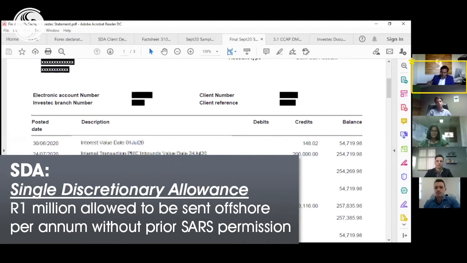So every time I send money out, if I'm sending 200 out, it's going to be 200, 400, 600, all counted off that 1 million, which means if I didn't have any capital appreciation, I would just be able to make 5 investments offshore with my 200,000 Rand equity.